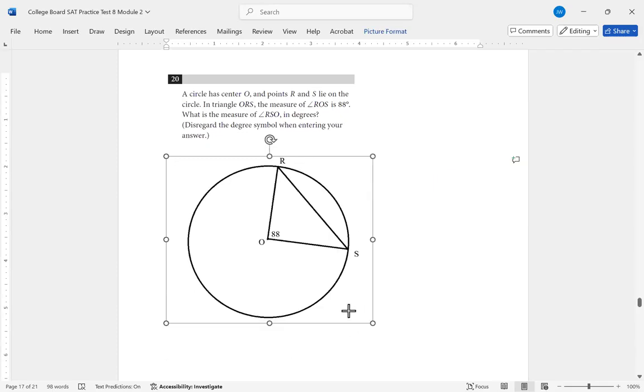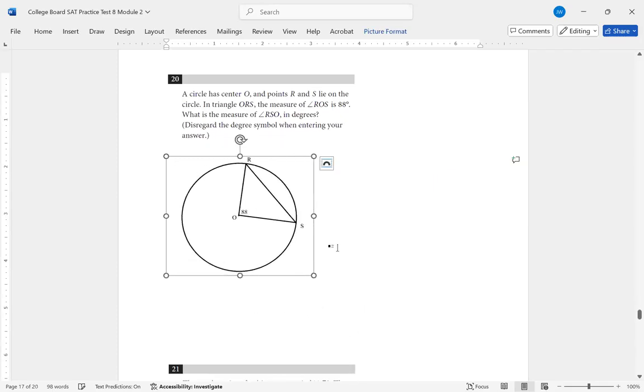There we go. So this is the picture that we have of our circle with this triangle inside of it. O is the center of the circle, and we have R and S, and ROS is 88 degrees. So we have that labeled.